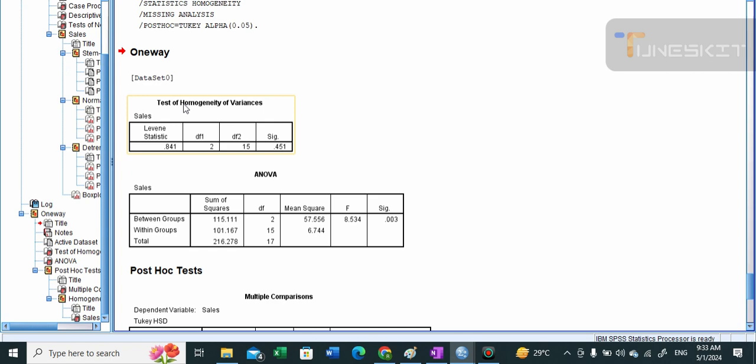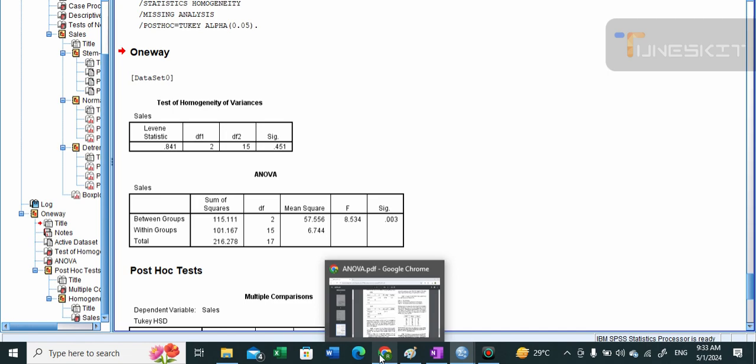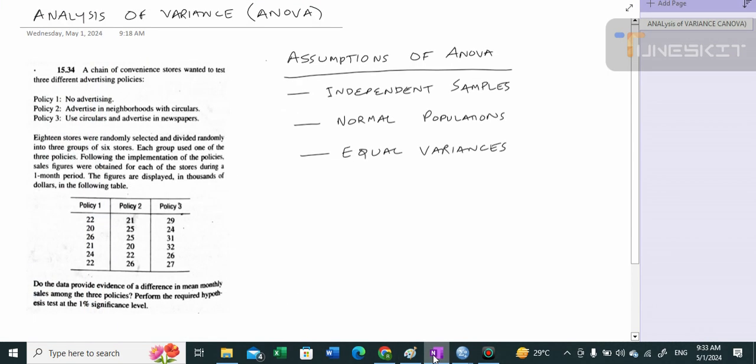Now the very first table in this output is the test of homogeneity of variance. And how can we perform hypothesis testing for this? So I'm changing the page. Over there I'm going to write down the testing of analysis of variance. As the first part, we are going for the equality of variance test.